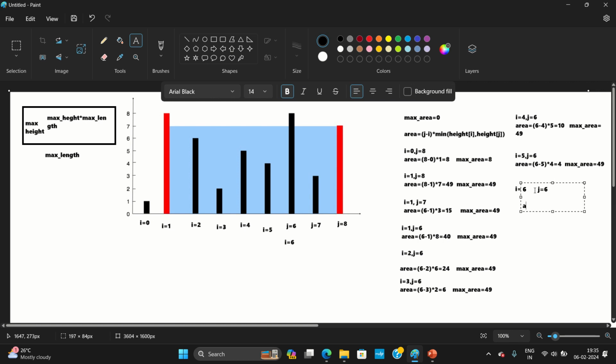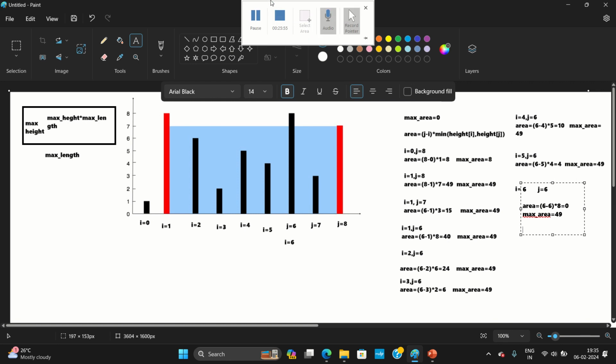And we have area equal to 6 minus 6 into whatever the height. In this case, it is 0. Okay. And so max area again stays to be 49, right?